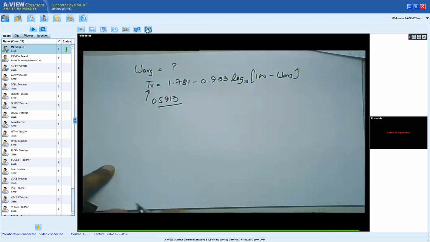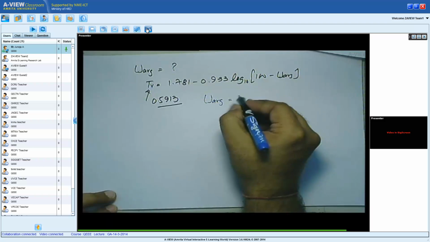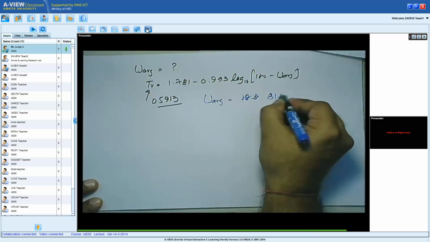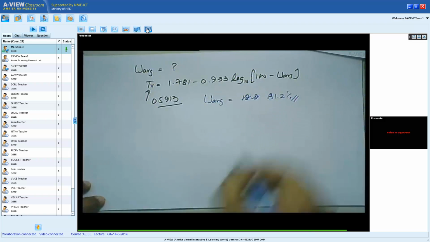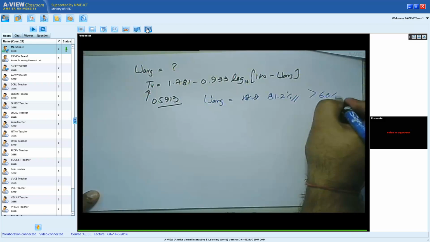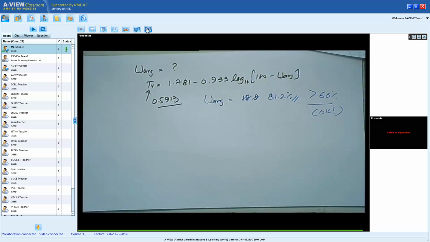If I deduce U average, it should come out to be 81.2%. 81.2% is definitely more than 60%, so our bet was good. It was okay to use this equation.